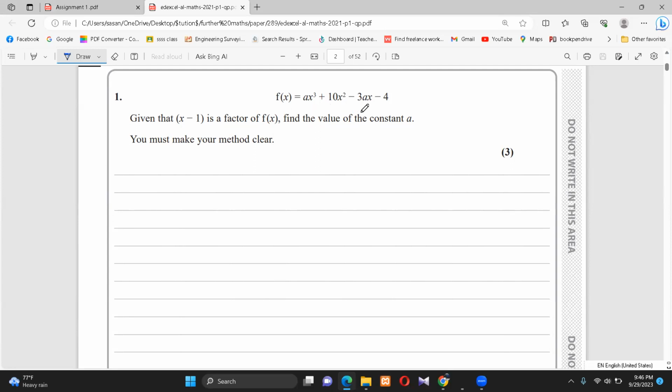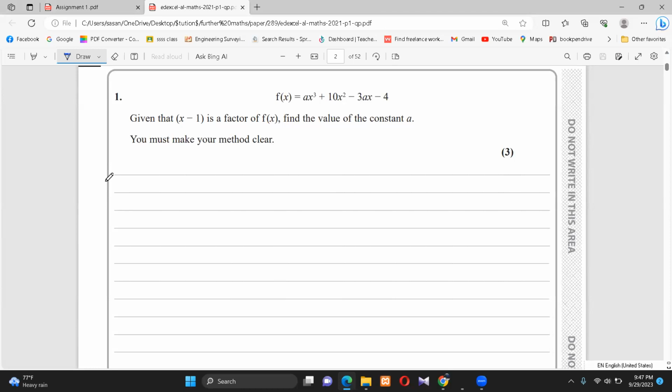f(x) equals ax cubed plus 10x squared minus 3ax minus 4. Given that x minus 1 is a factor of f(x), find the value of the constant a. You must show your method, M1. So we have factor theorem and remainder theorem at the very beginning of the syllabus in pure mathematics.